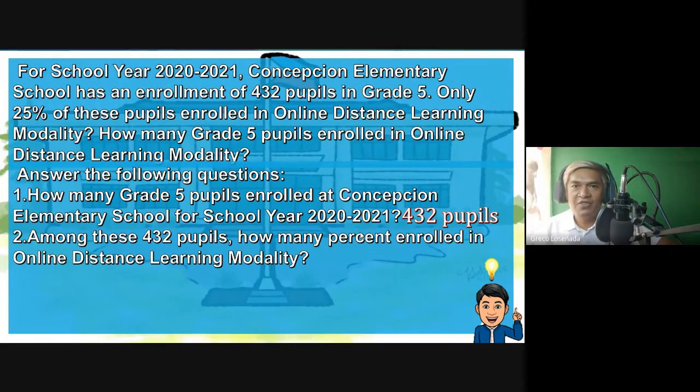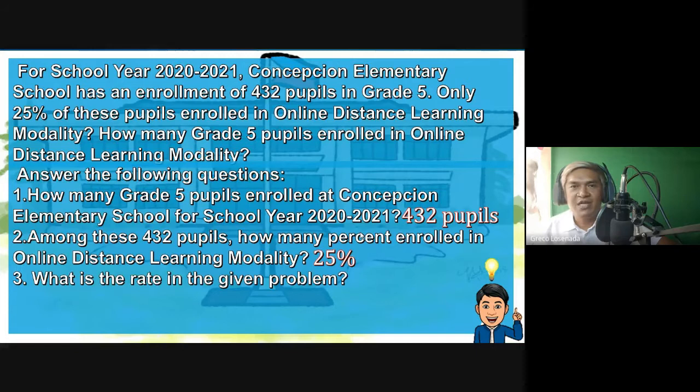Among these 432 pupils, how many percent is enrolled in online distance learning modality? You are correct. That is 25%. Question number 3. What is the rate in the given problem? You're correct. The rate is 25%.